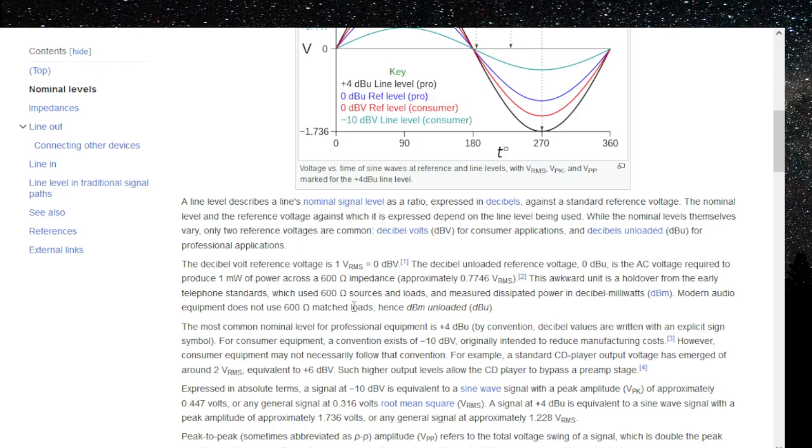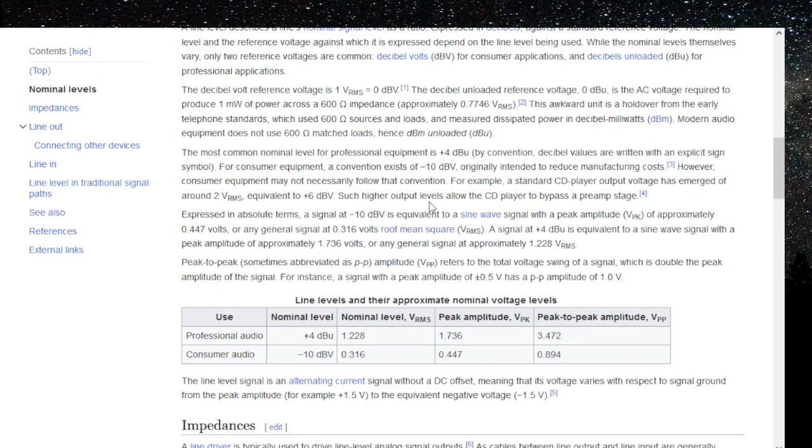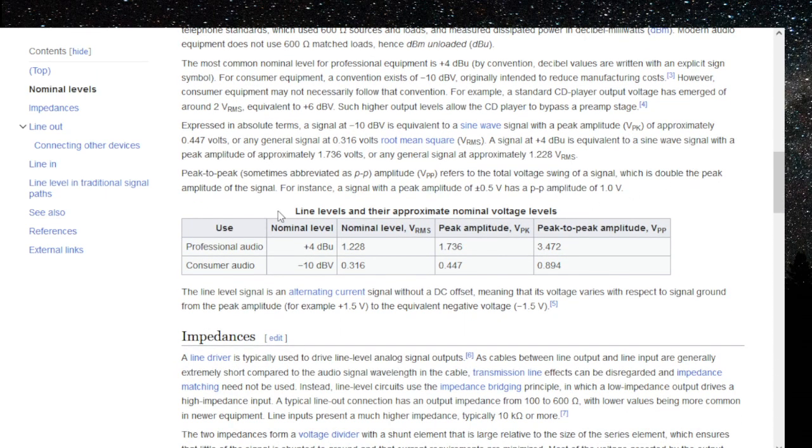Expressed in absolute terms, a signal at minus 10 dB is equivalent to a sine wave with a peak amplitude of approximately 0.447 volts, or any general signal at 0.316 volts root mean square. Peak to peak, etc.